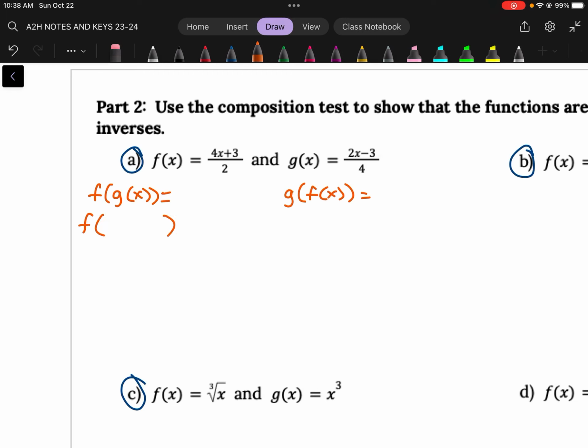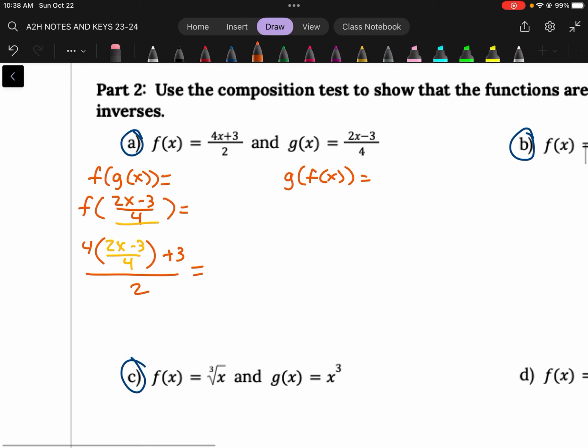All right, so we've got f of 2x minus 3 over 4, right? That's our g of x function we're going to be plugging into f of x, right? So it looks kind of crazy at first because we're doing 4 times 2x minus 3 over 4 plus 3 over 2.